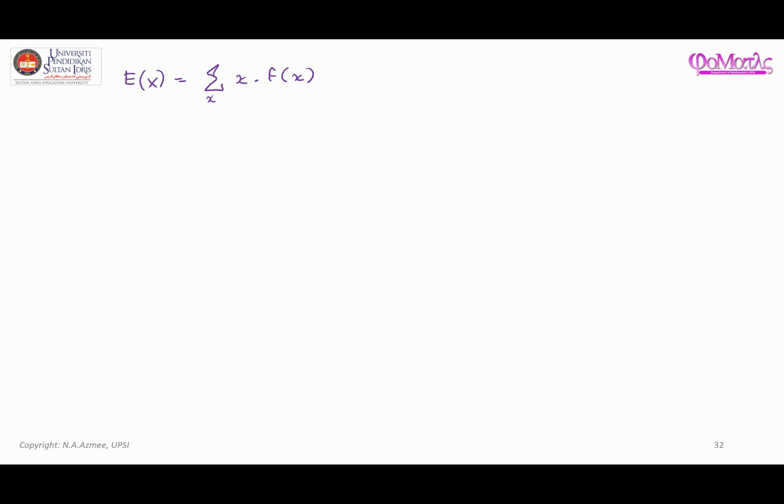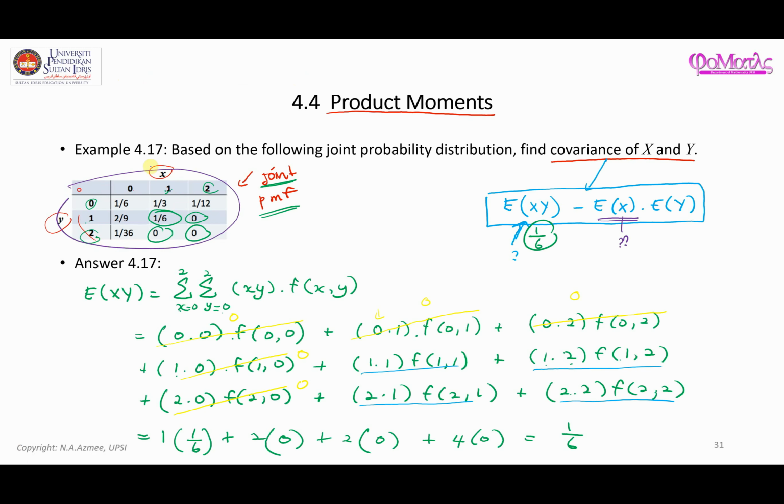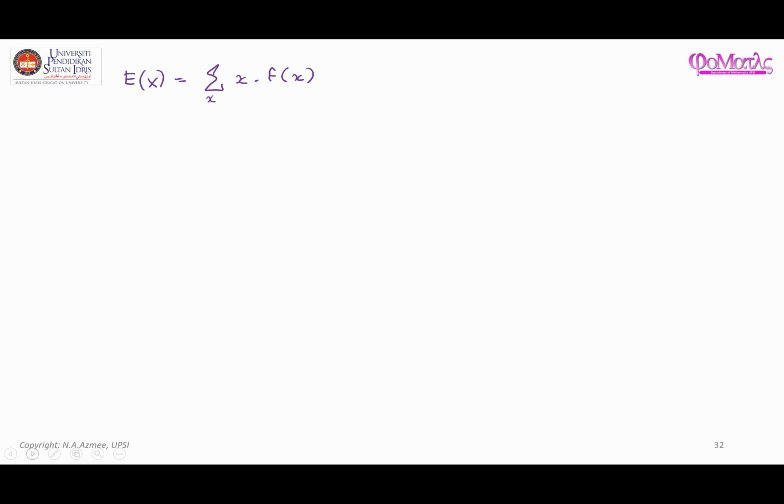From the table right here, x can take values of 0, 1, and 2, and we can start preparing the marginal distribution of x.